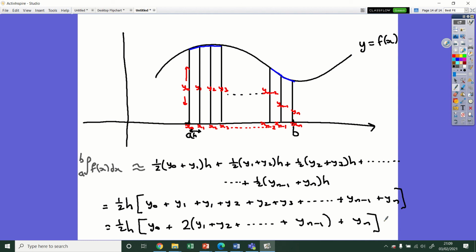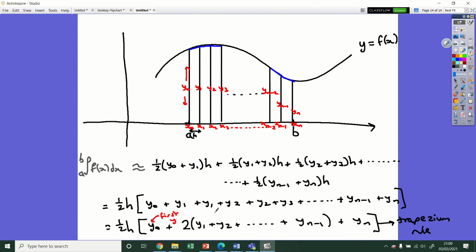Okay, that there is the trapezium rule. So what it says is that you figure out the distance in between your strips, that's your h, you put it there. And then inside this big bracket, you've got the first y value and the last y value, and then 2 times the ones in the middle.